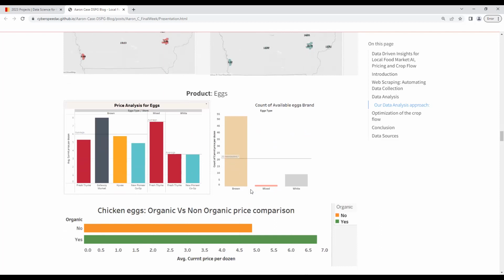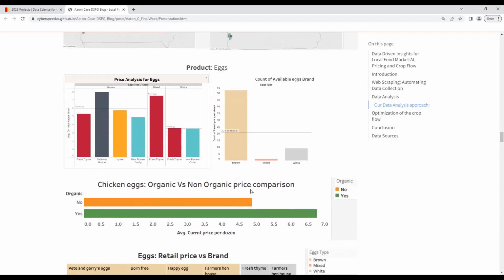Next product, we have eggs. Again, we did the same thing for eggs, price analysis, and then categorized them into brown, white, and mixed. We were not expecting duck eggs, but we found duck eggs as well.